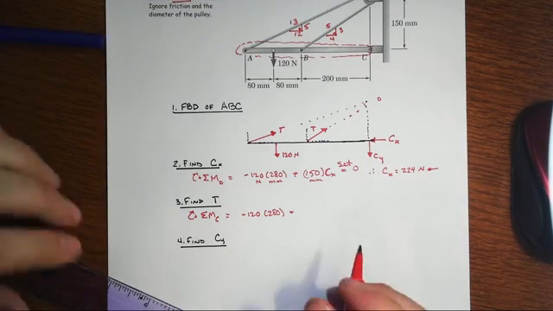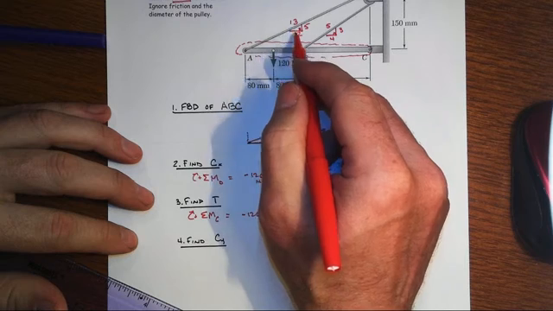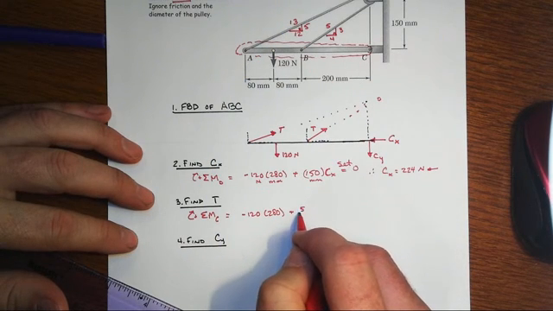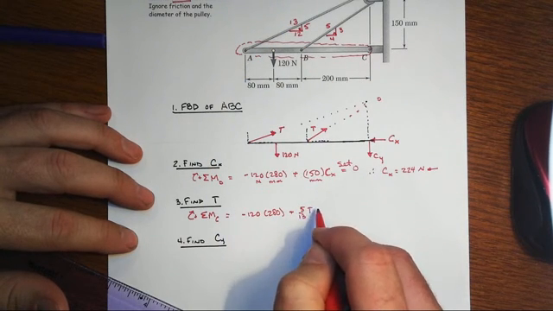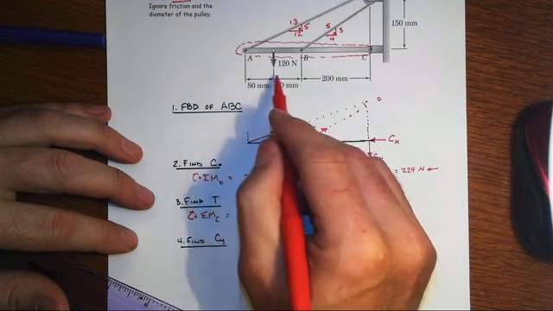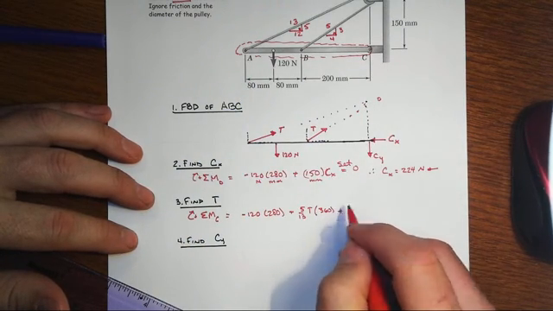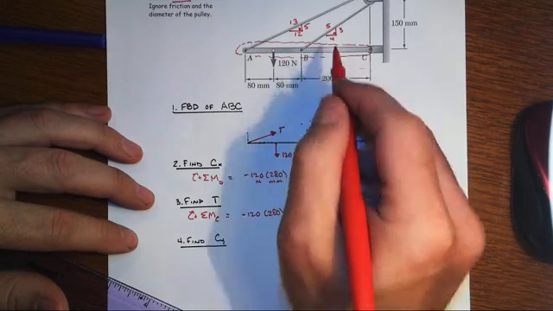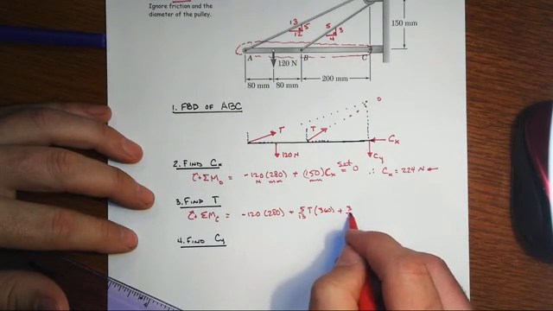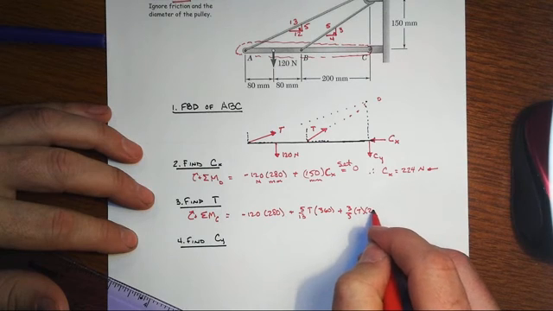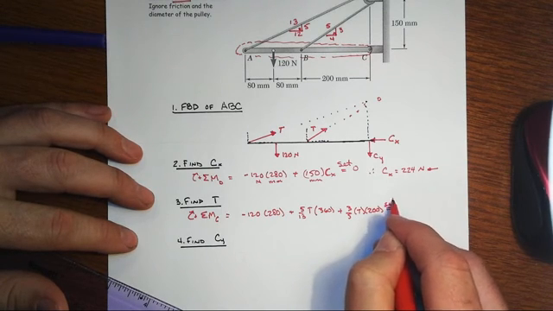This first one is the 5, 12, 13 relationship, so that's 5/13 times T to get the force, and then the moment arm is this whole length, 360. Likewise for this other one, we want the vertical part, so that's 3/5 of T. Its moment arm is 200. Set it equal to 0.